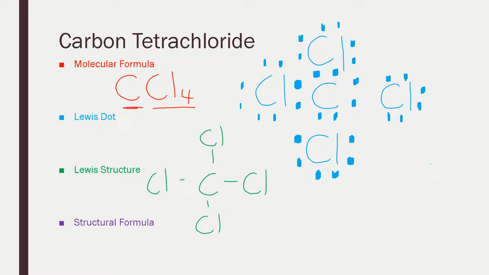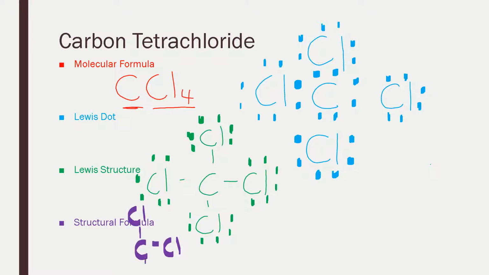And again, we're going to surround the chlorine atoms by 6 additional valence electrons. That way each atom in this structure is going to have an octet. Now the structural formula of carbon tetrachloride is going to be a C in the middle with Cl surrounding it.